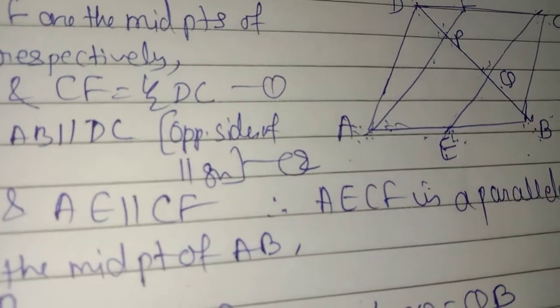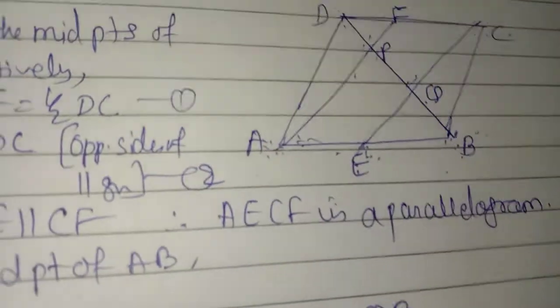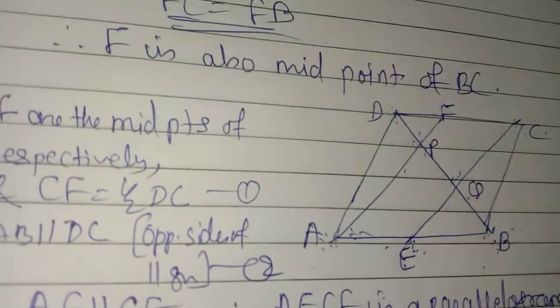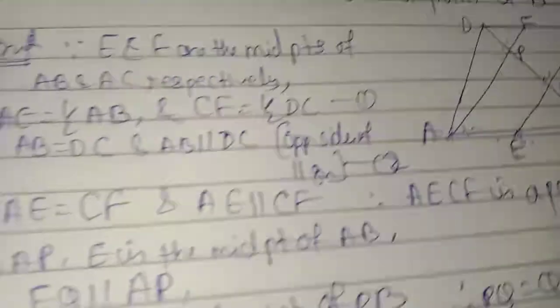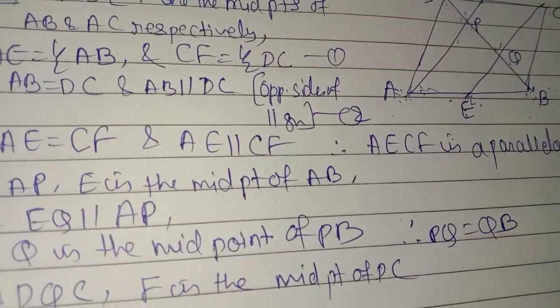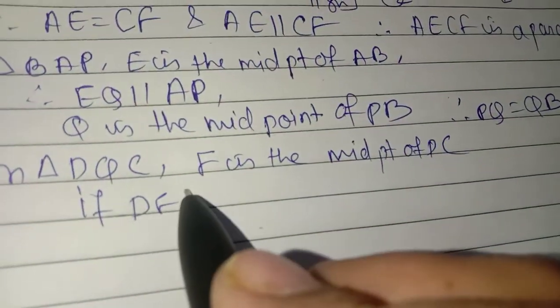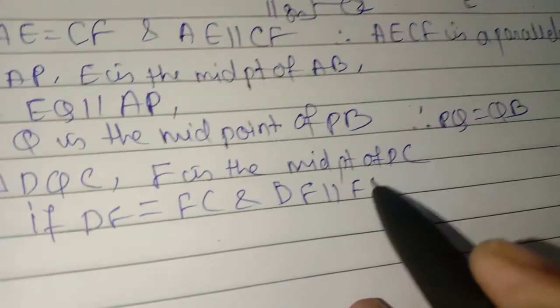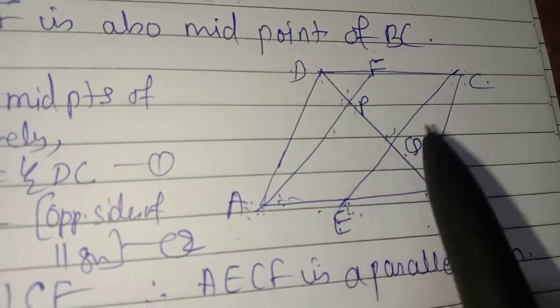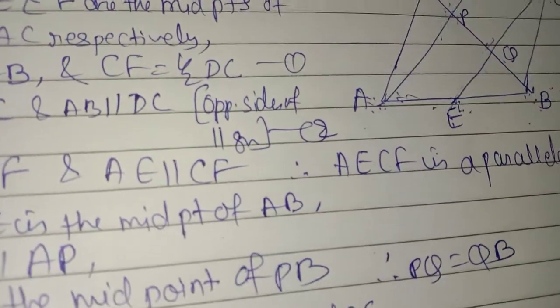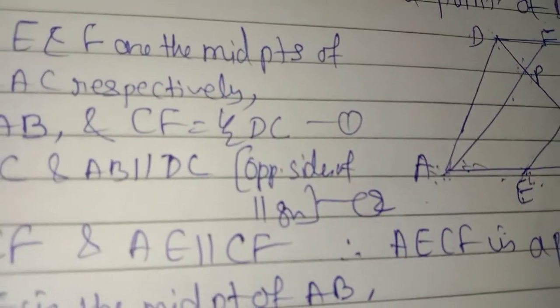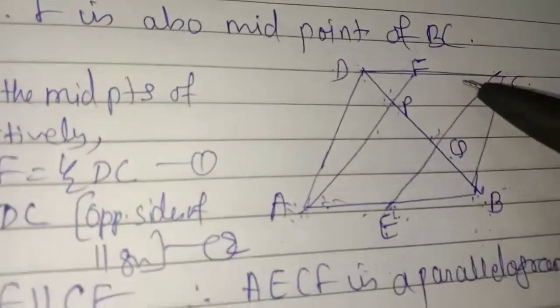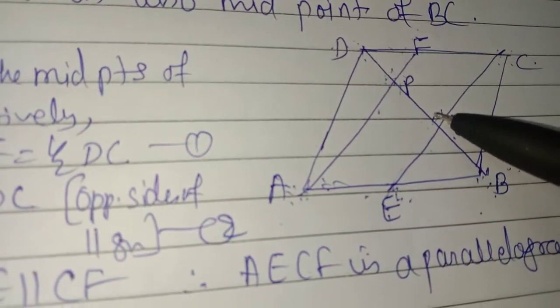So what I will write here, DP is equal to PQ. If DF is equal to FC and DF is parallel to FC, I will write here DP is also equal to PQ. Clear? So we can say that DP is equal to PQ.